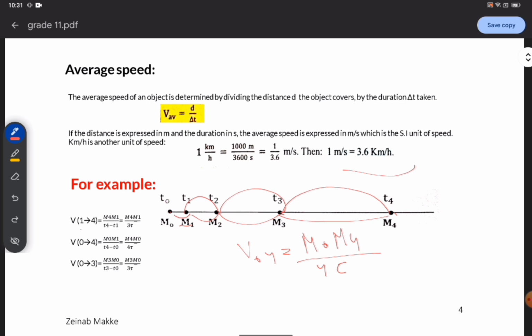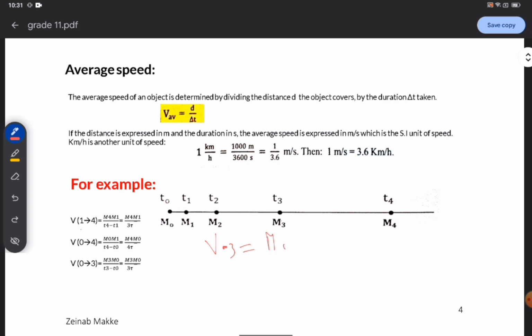Another example, V03 equals M0M3, the distance between M0 and M3, over, we count the tau, 1, 2, 3 tau.